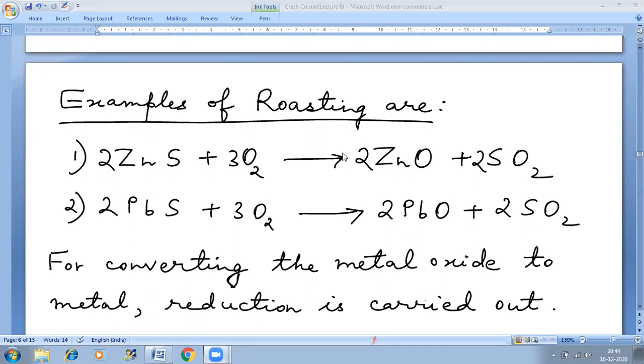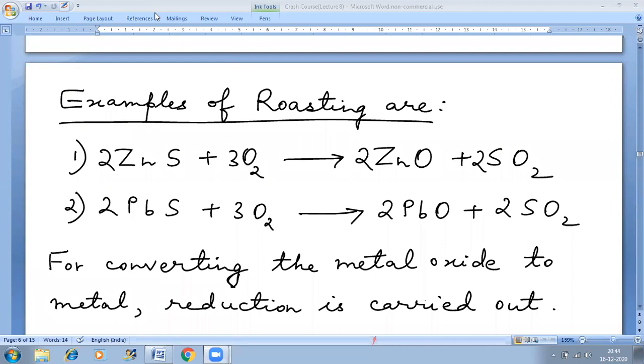Similarly, if I want to obtain any other metal, I have to reduce that metal oxide. Reduction of metal oxide to get metal is called the final step of extraction. That means I have obtained the metal once I reduce it.